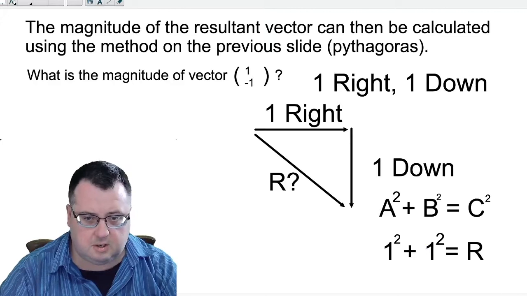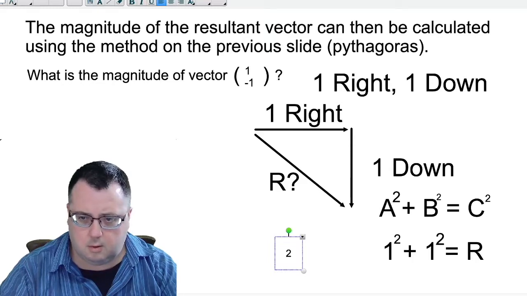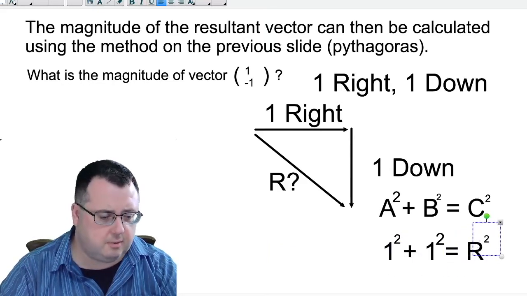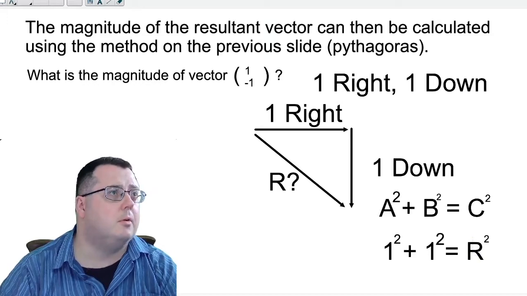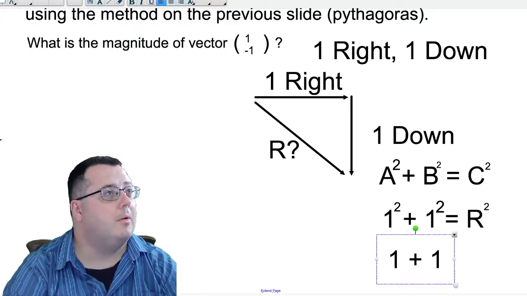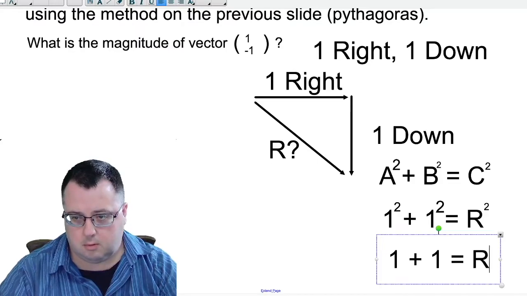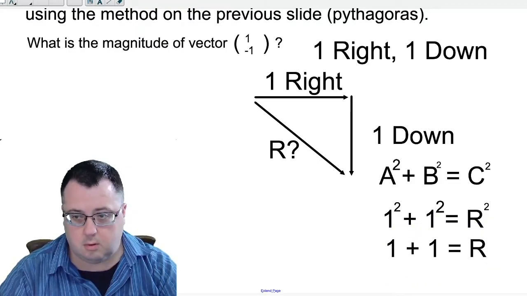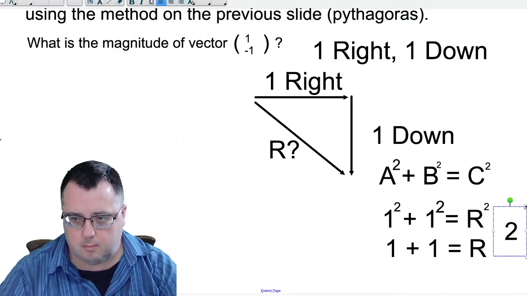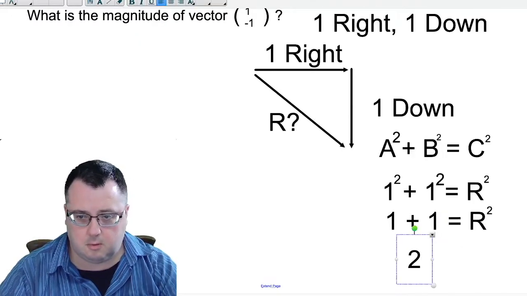One squared plus 1 squared equals R squared. What's 1 squared? 1. Good. And what's 1 squared? 1. Good. Equals R. And 1 plus 1 is 2.